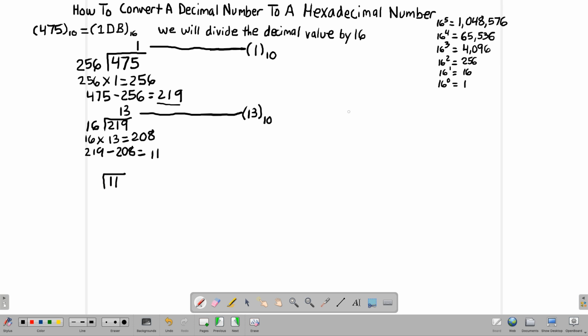Okay, so for the next step, we want to divide the highest multiple of 16 into 11. Well, we already showed that 16 is greater than 11. So the next possible value is we have to take 16 to the 0th power. It produces the value 1. So we divide 1 into 11. Of course, that's 11 times, but let's just follow a computation. 11 times 1 equals 11.